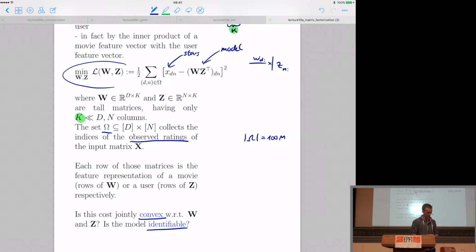Some people say no, but let's think about convexity first. Okay, is this a convex model? Who would say it's non-convex? Who would say it's convex? Who is undecided?